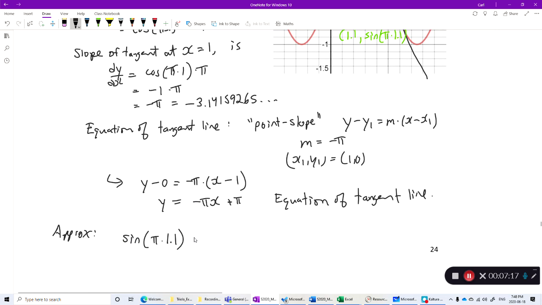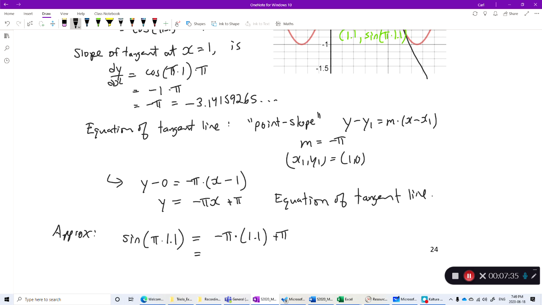All I need to do is put 1.1 into the line, minus pi x plus pi. Now, as long as I have a calculator with pi in it, this is going to give me a very accurate answer.